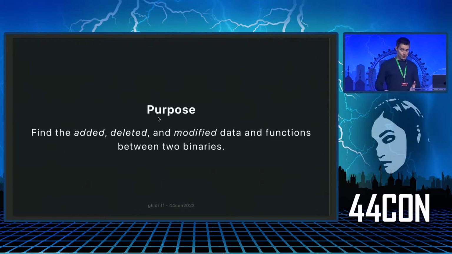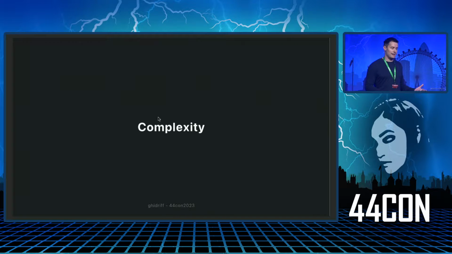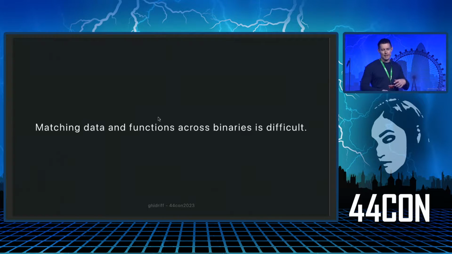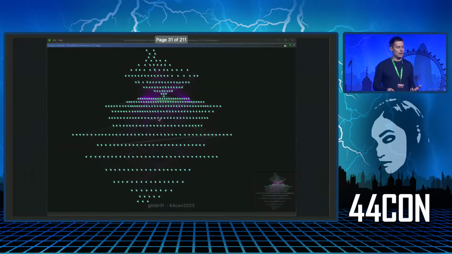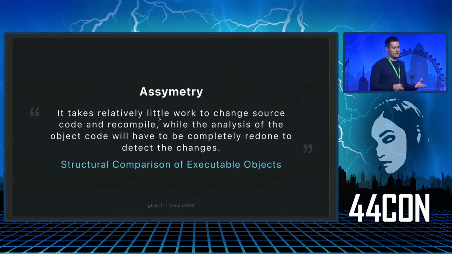The purpose of diffing tools, as I've said before, is just to find what's been added, what's been deleted, and what's been modified. Is this a hard problem? I'm saying it is. It's a solved problem. We have many tools to do this, but it continues to be difficult because of all the relationships that exist within a binary. However, from his 2004 paper, in the early days of BinDiff, it says it takes relatively little work to change the source code and recompile, but the analysis of the object code will have to be completely redone.